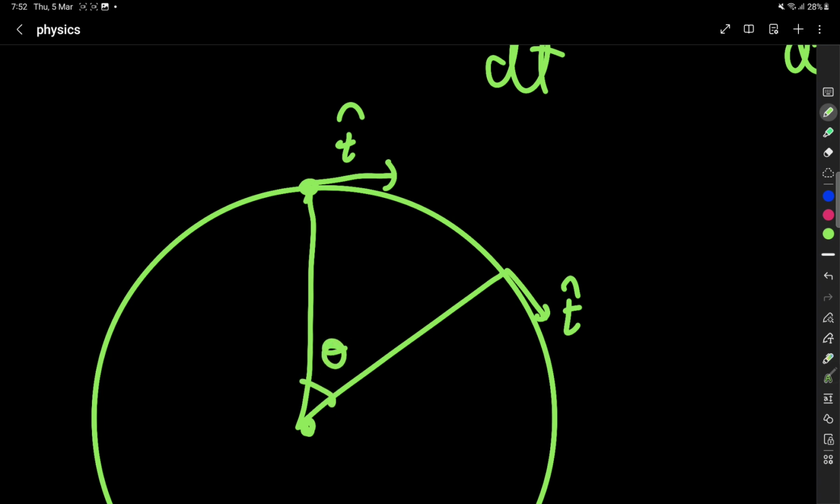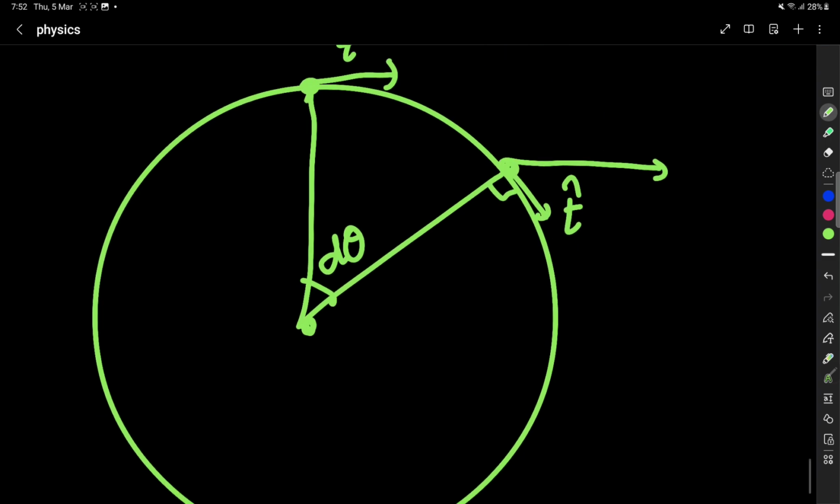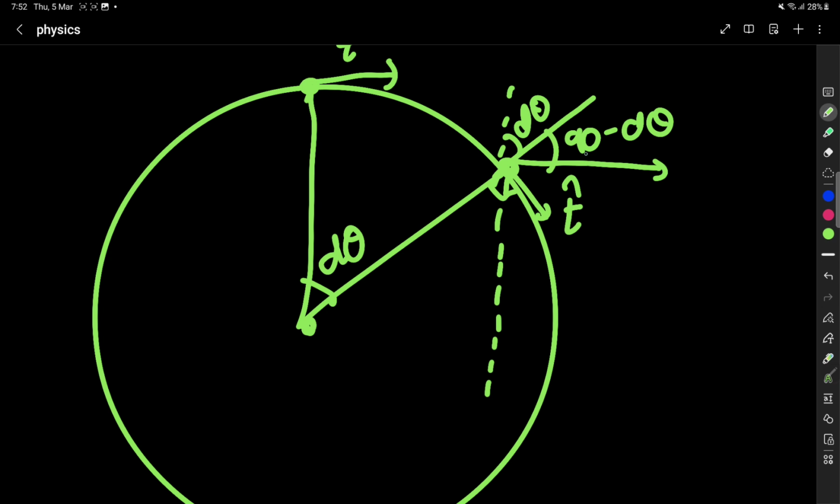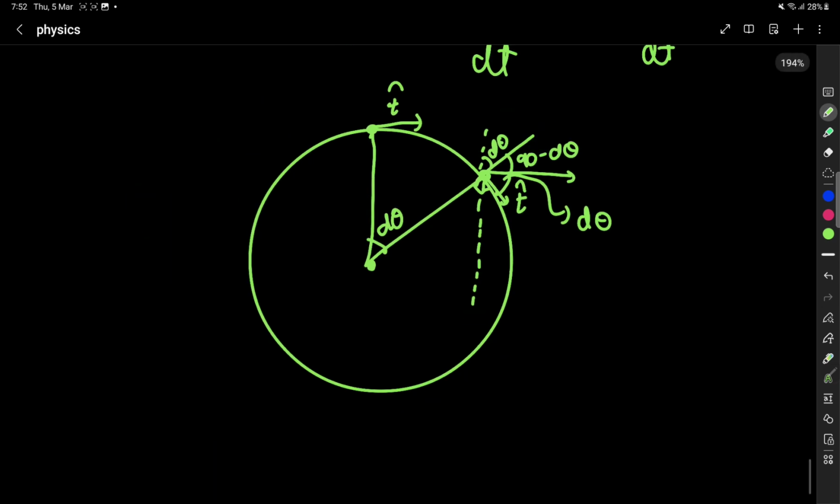So let this be some small angle d theta. This will be 90, this will be horizontal. This will be d theta, so this will be 90 minus d theta. So this angle should be d theta as well.